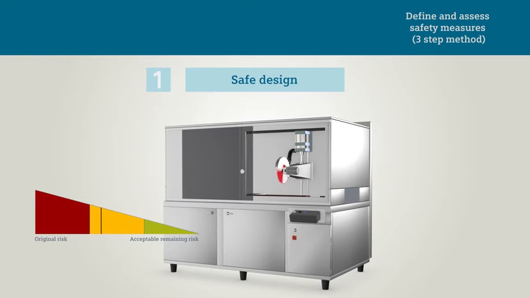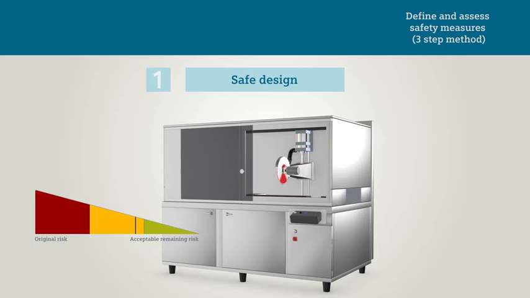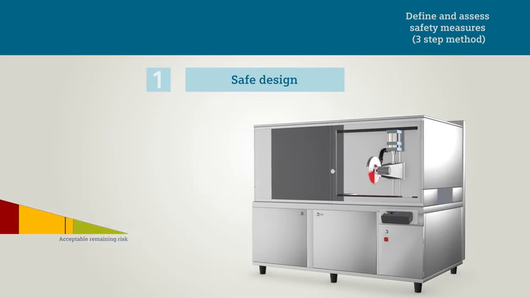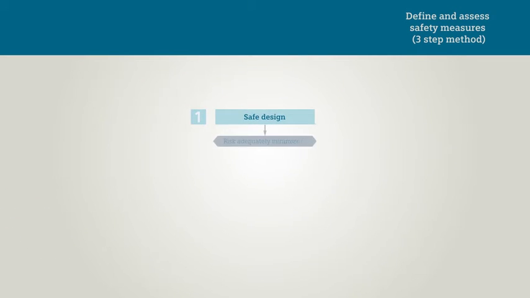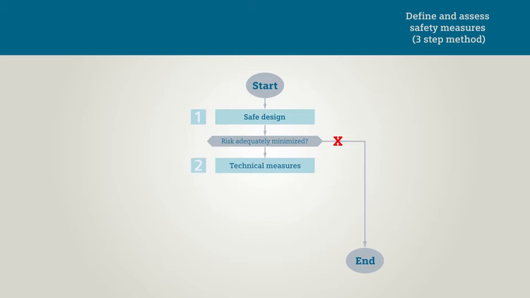The extent of the damage was not reduced, but it was already possible to reduce the probability of its occurrence. If the machine's design were safe, no further measures would be required according to the three-step method. In the example, however, the design still does not provide sufficient safety. As a result, you must take additional technical measures.